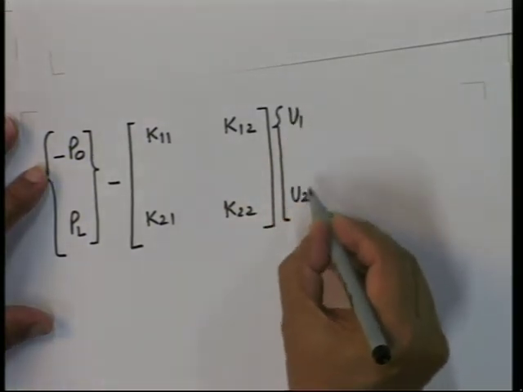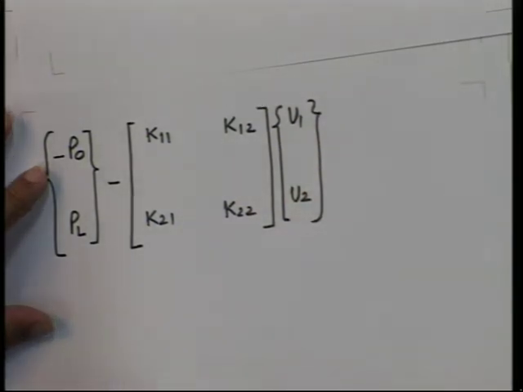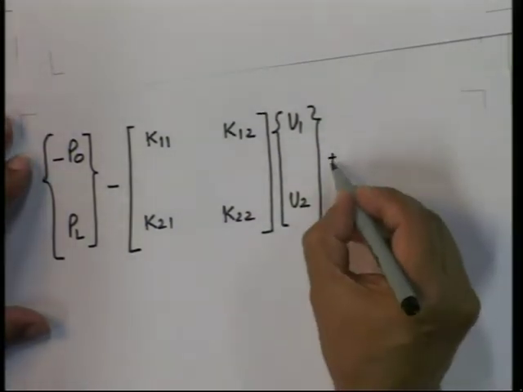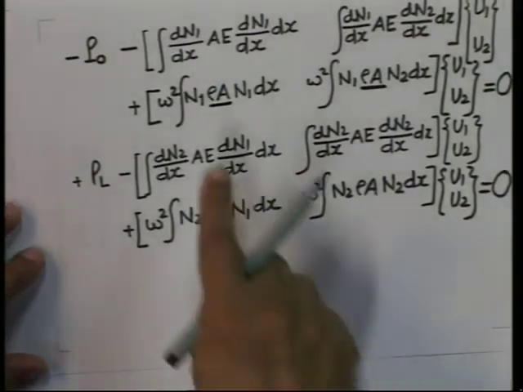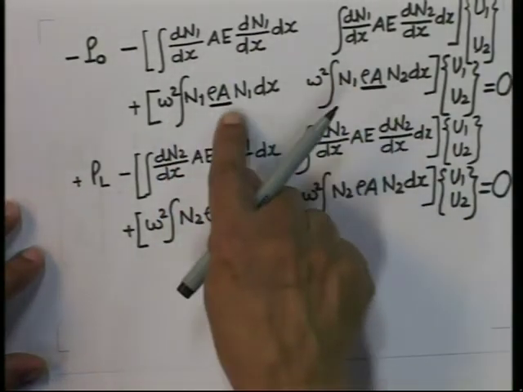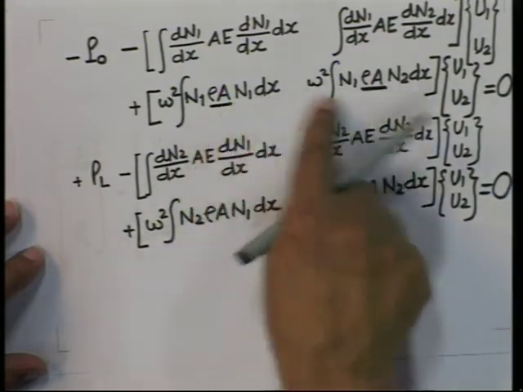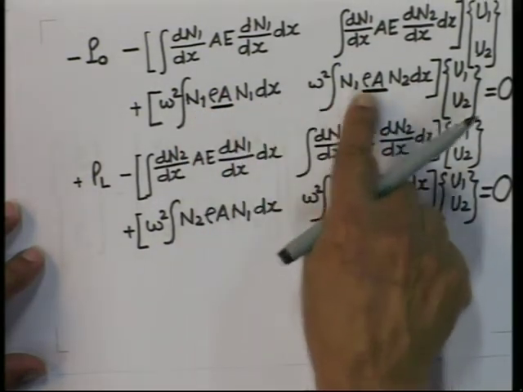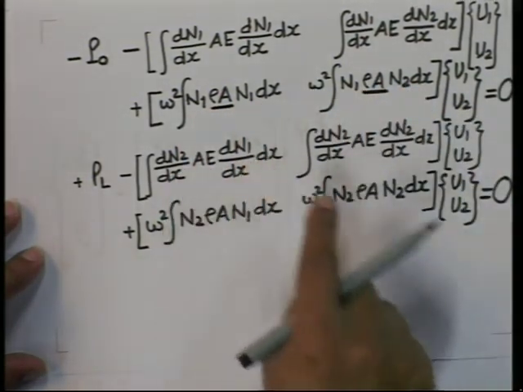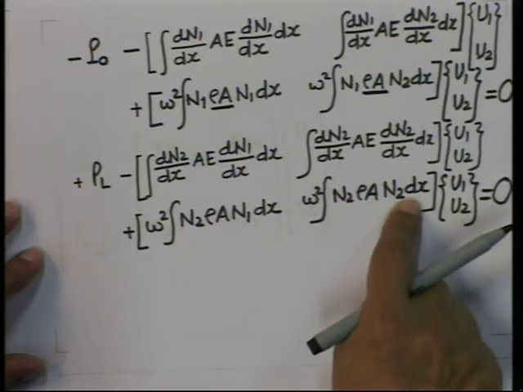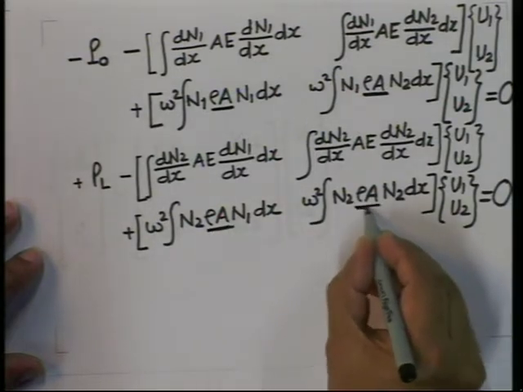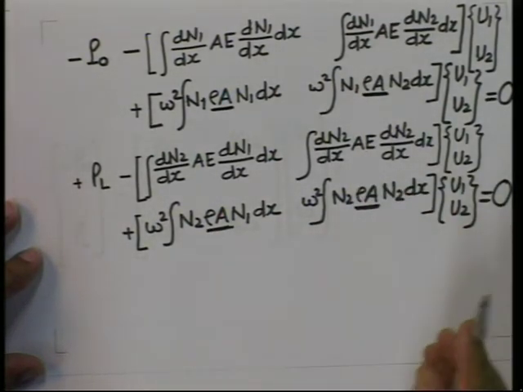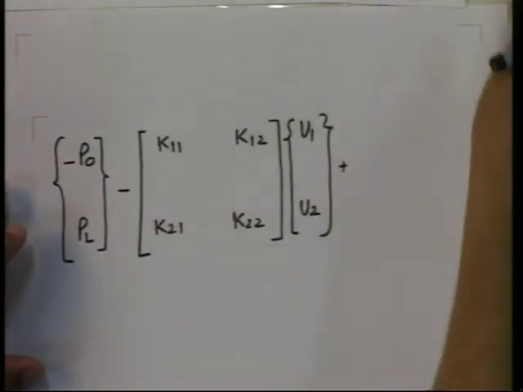So, we write k 1 1, k 1 2, k 2 1, k 2 2 times u 1 u 2, plus omega square, which is common here. Then this one is n 1 n 1, n 1 n 2, n 2 n 1 and n 2 n 2. So, this is n I n j, and in between rho A is there, density into area of cross section: the mass.